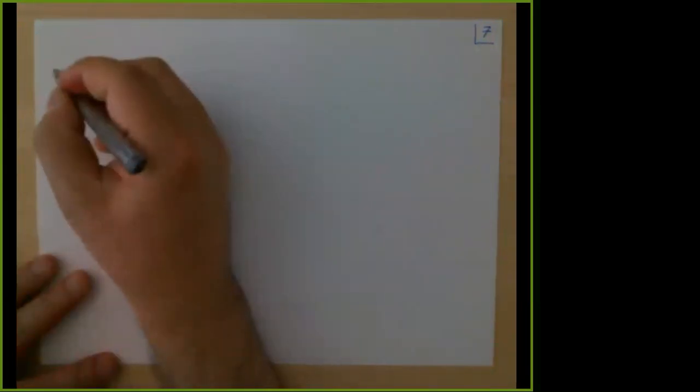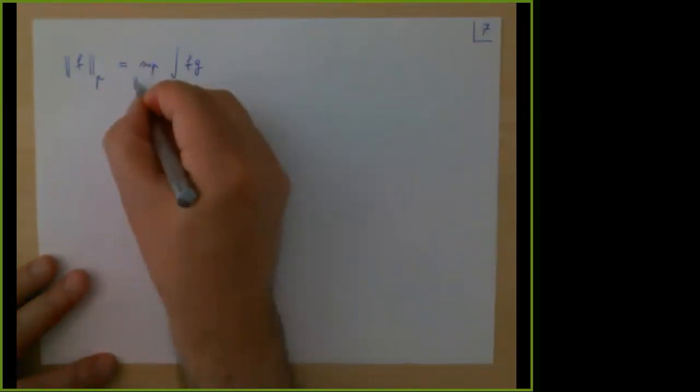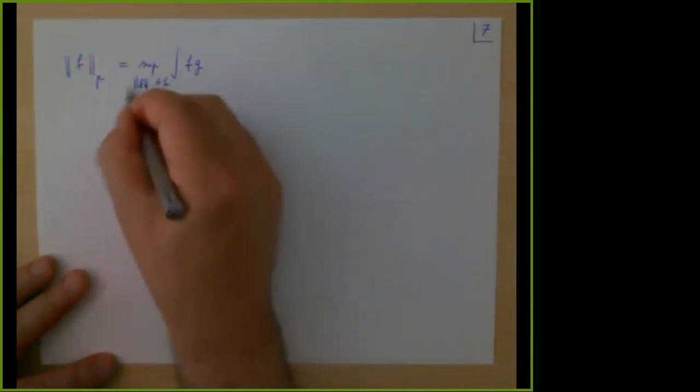There is a very interesting corollary to the so-called quasi-linearization that we proved yesterday. That was the following fact: if we have a function f and we are after its p norm, this can be obtained by looking at the supremum of the integral of fg over all g such that the p prime norm is less or equal than 1.